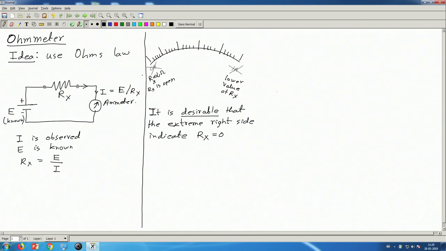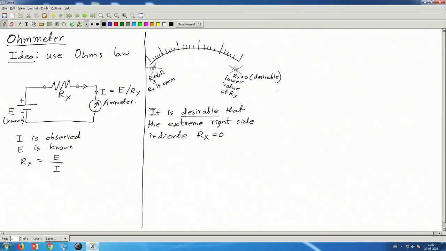You may choose not to maintain this condition because of some other reason, but in general we would like to have this side indicating Rx equal to 0. So this side should be Rx equal to 0. In bracket I write desirable.